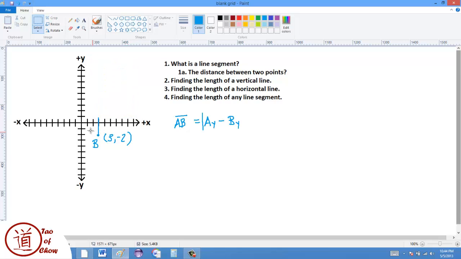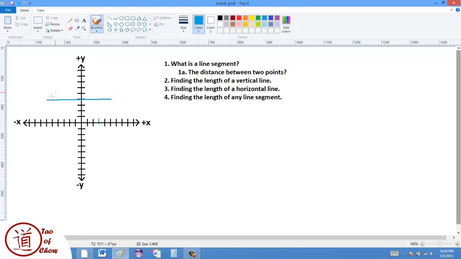I'm not going to be able to erase everything here, but that's okay. What we're going to find is pretty much the same thing. So I'll take a line segment like this, a little bit lower.